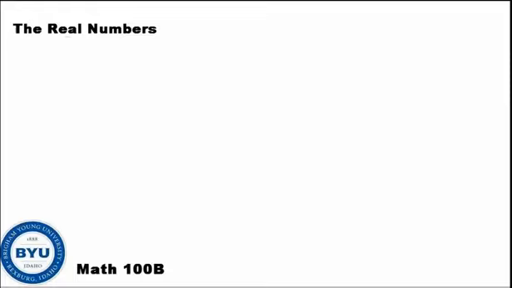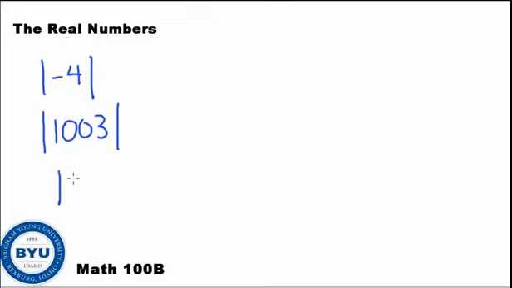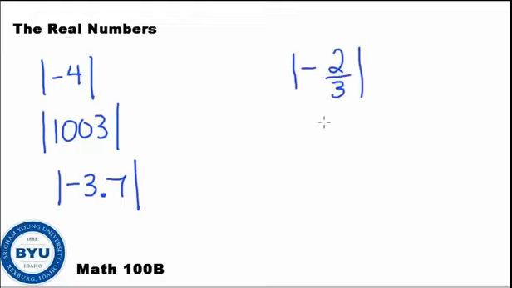So for our last assignment, let's have you try some absolute value problems. We'd like you to try the absolute value of -4, the absolute value of 1003, the absolute value of -3.7, and also the absolute value of -2/3, the absolute value of 0, and one last one, the absolute value of 14.7.